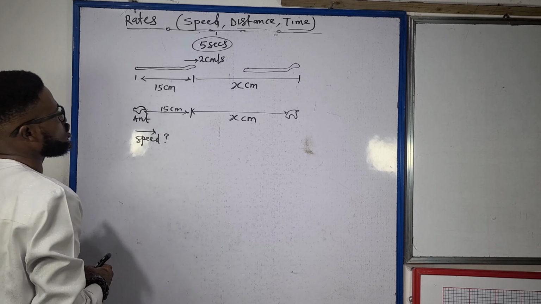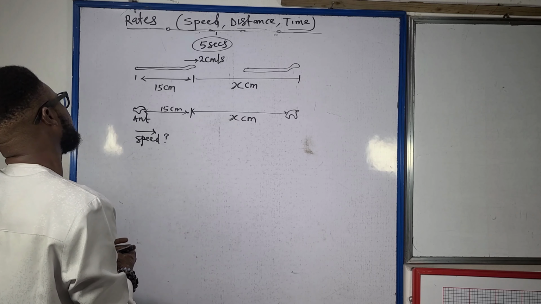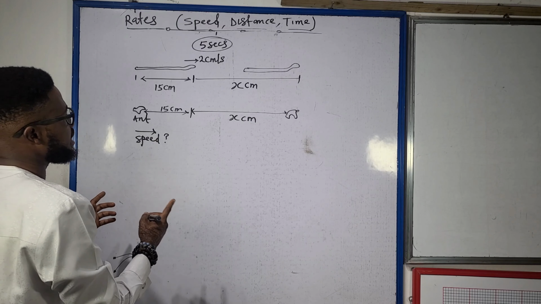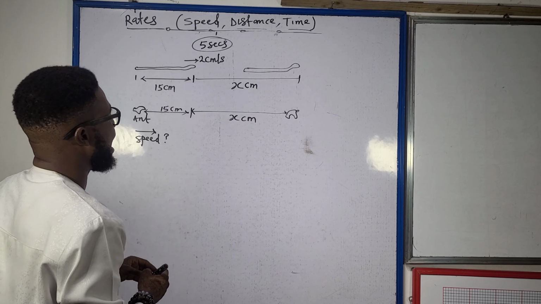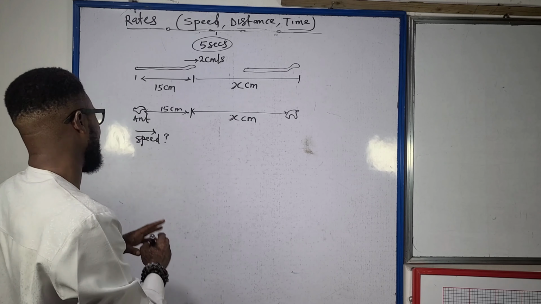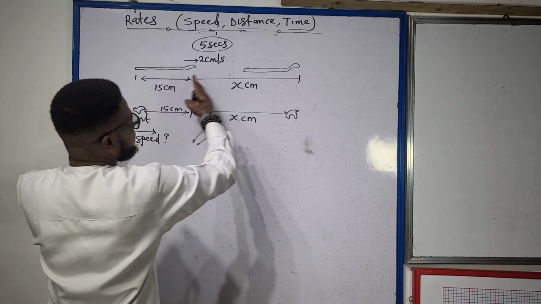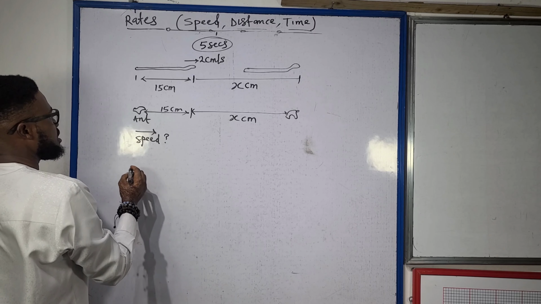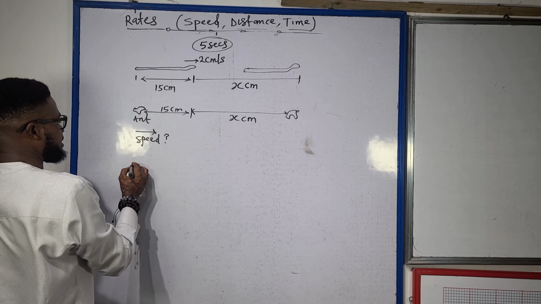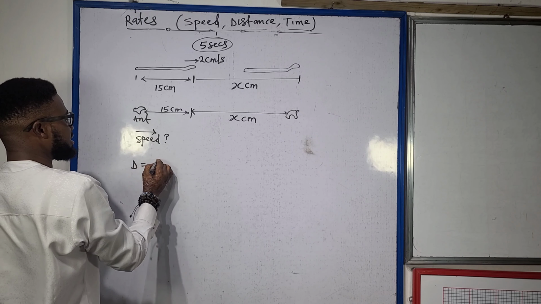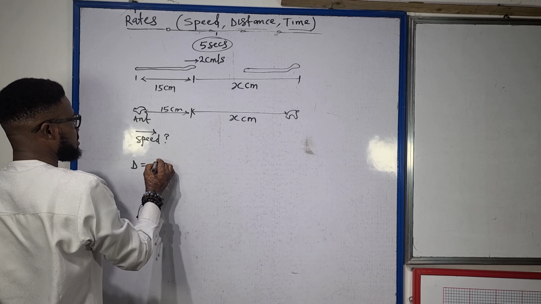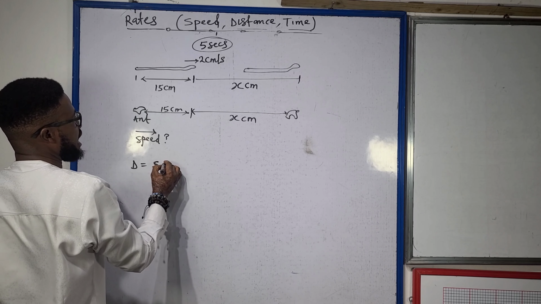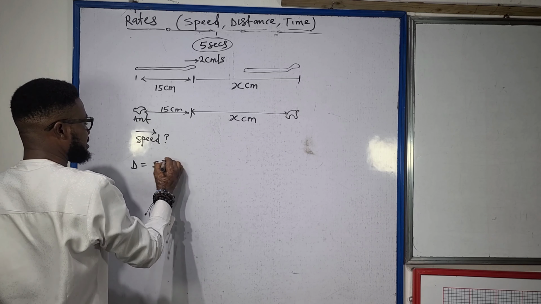So in this situation, you look at what connects the two, and in this case that is looking more like our x. 5 seconds, 5 seconds. Okay, so this is it. Distance is actually speed times time.